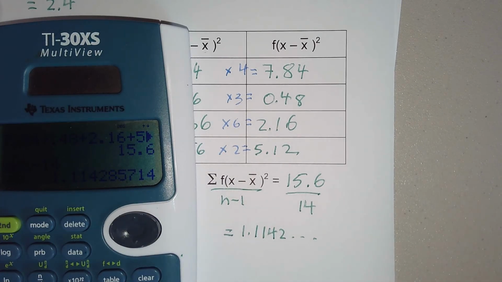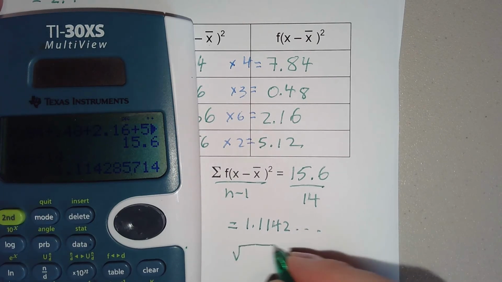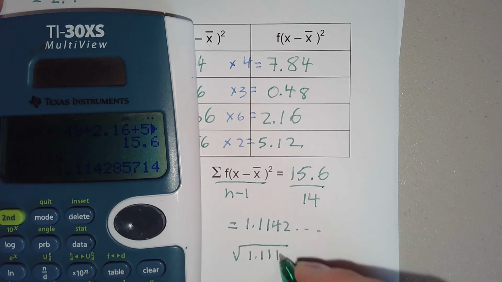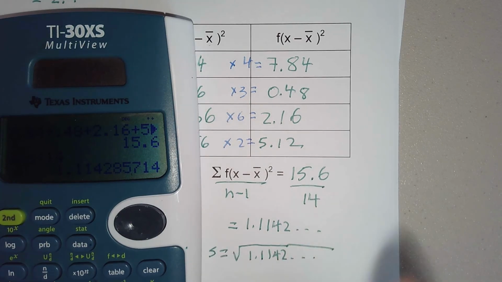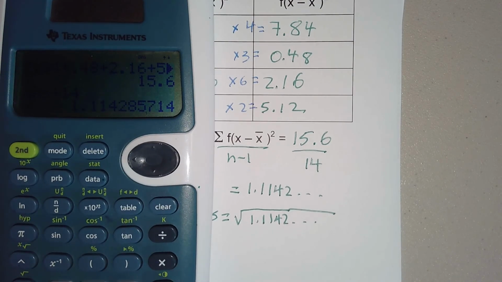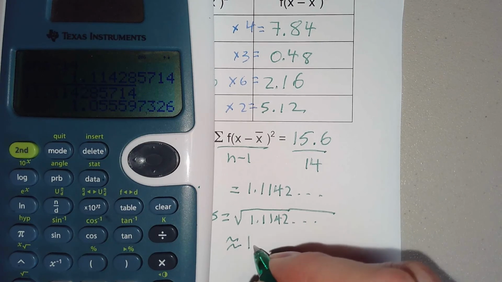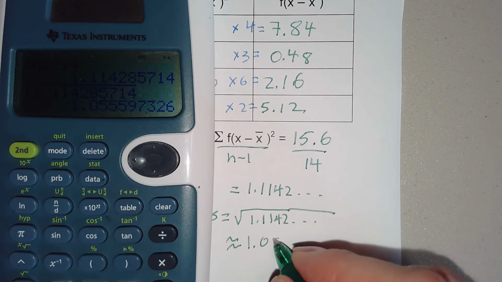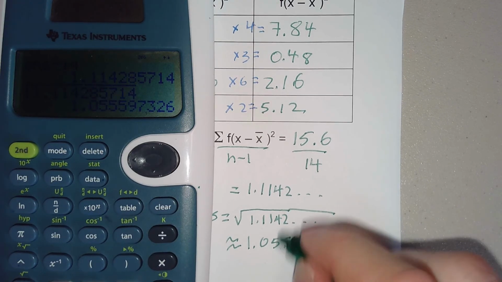And now I'm going to go ahead and take the square root of that number. So I'm going to do my second square root, bring that whole number in there, enter. And so that'd be 1.0556. Again, I'm going to round it off to 4 places.